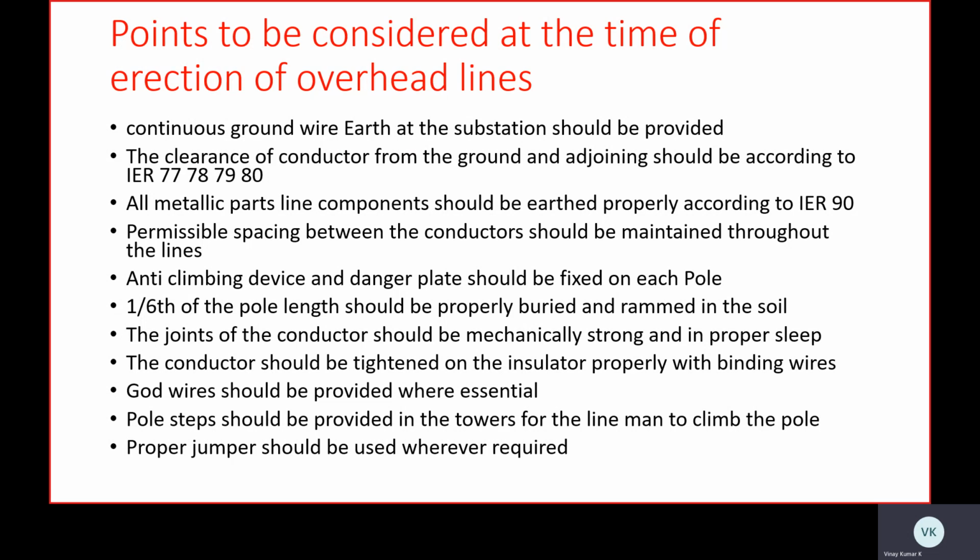So like that, we have to maintain proper rules. We have to keep the clearance between the different conductors, whether it is 3, 4 or n number of conductors. We have to keep the conductors at the proper distance.